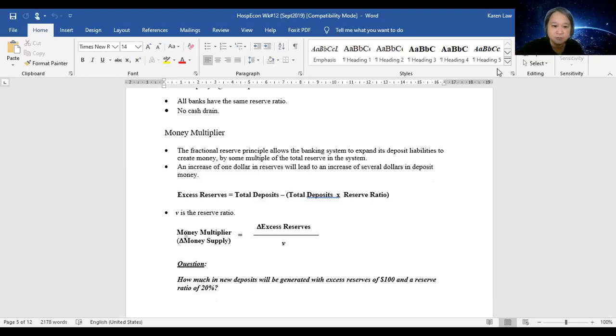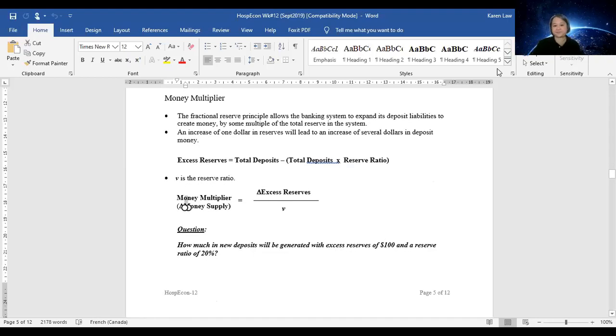Moving on to our money multiplier, basically anytime a deposit is made, the bank will lend out 97% of your money. When money comes in, you can't lend out all of it.